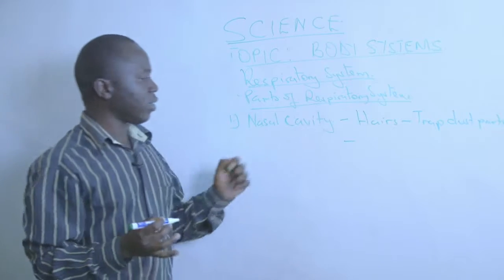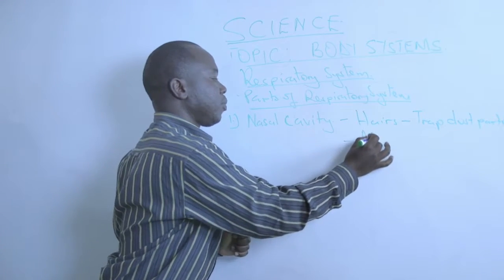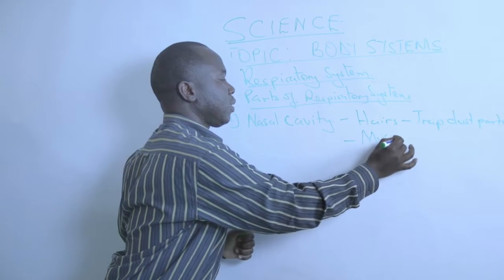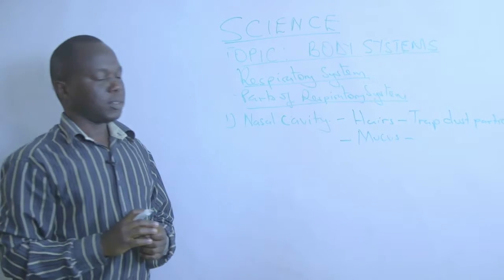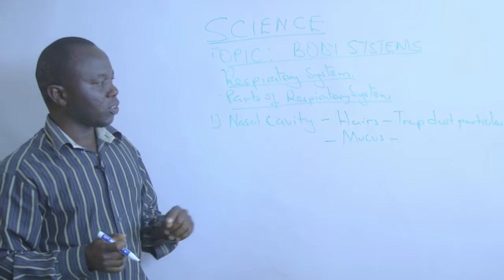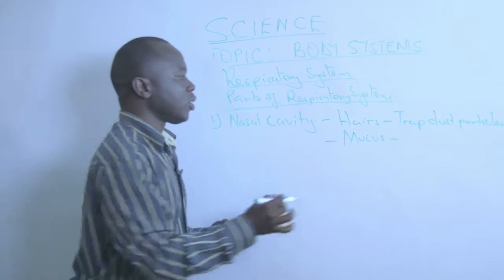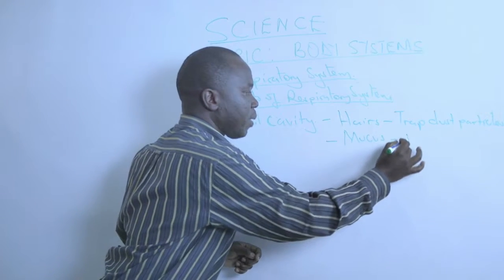And also in the nasal cavity we have cells that secrete mucus. Mucus is important because it is also involved in trapping dust particles together with pathogens.